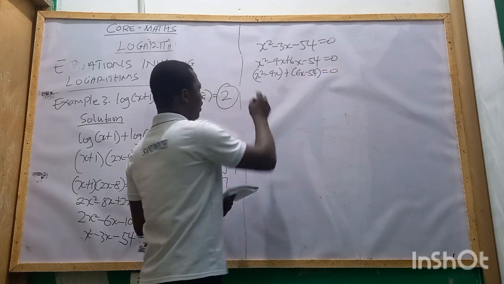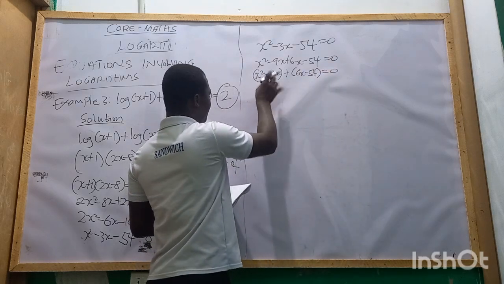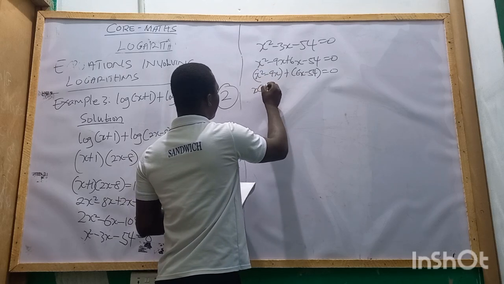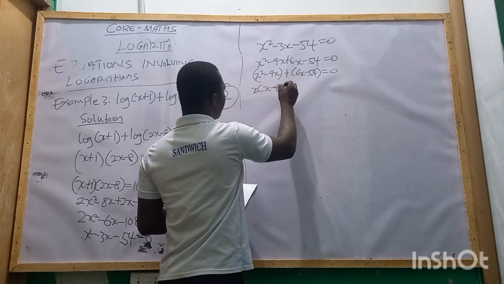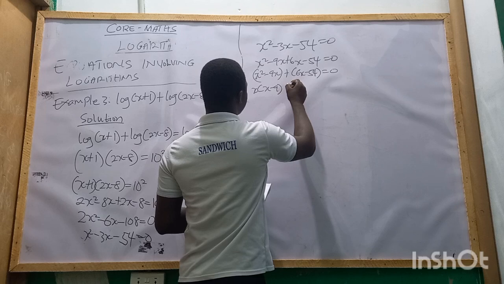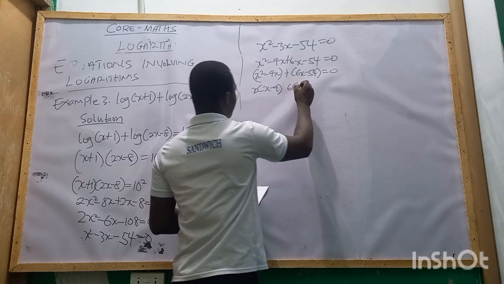So now I'll factor out here 9. I'll factor x. Here too I'll factor 6.